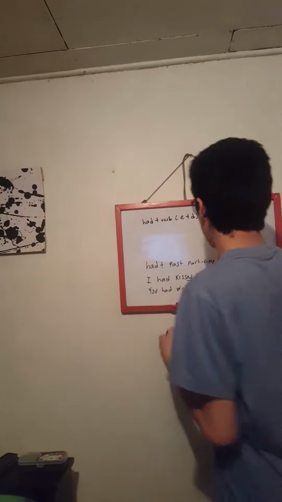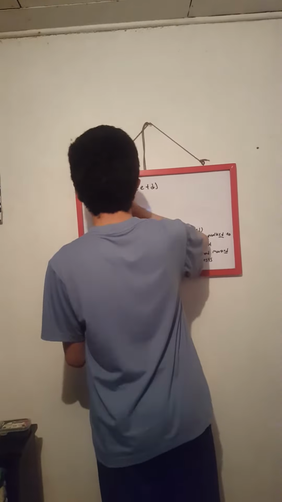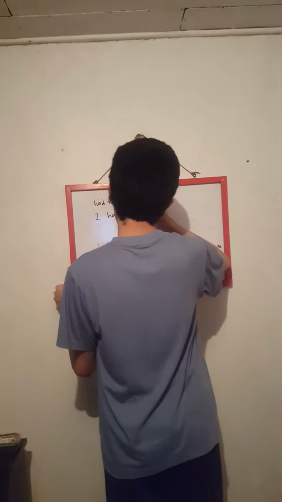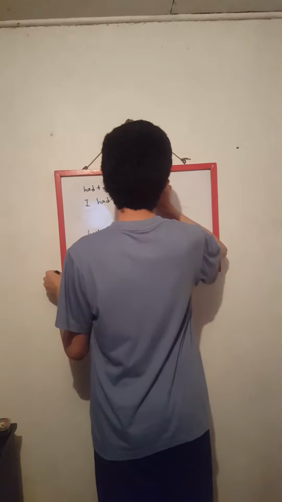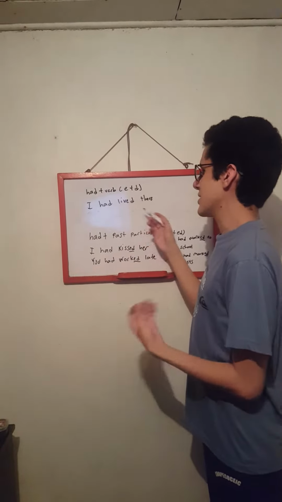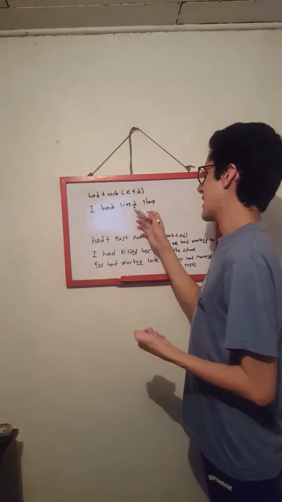Examples. I live there. I have lived there. Live ends with an e, so we just need to add a d.